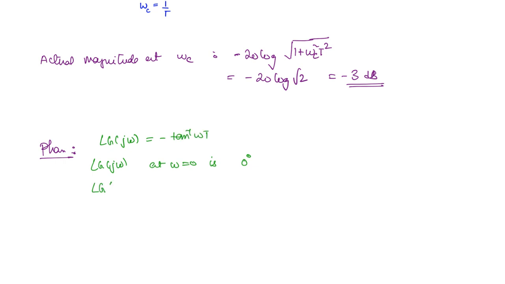Then what about the phase at omega is equal to infinity? This is going to be minus 90 degrees. Okay, and as omega increases, what will happen to the phase? This is going to decrease, because here you have a negative sign, minus tan inverse omega t.